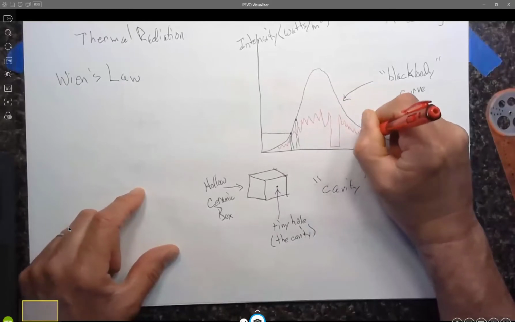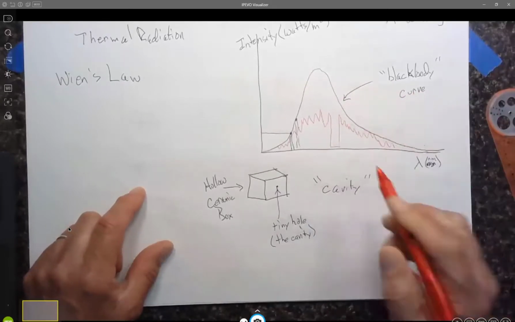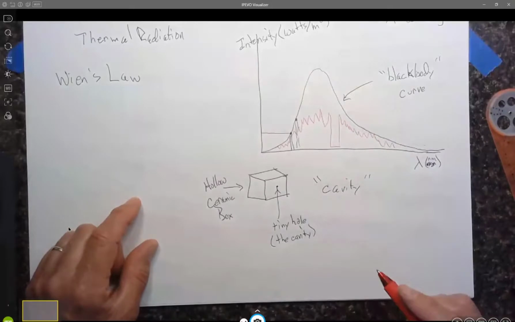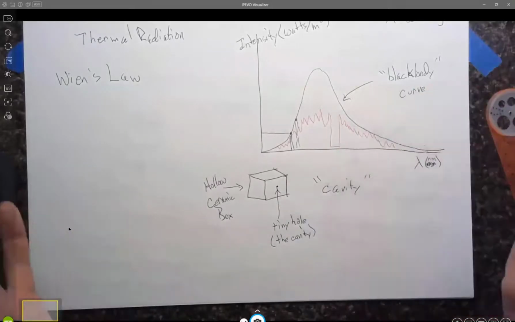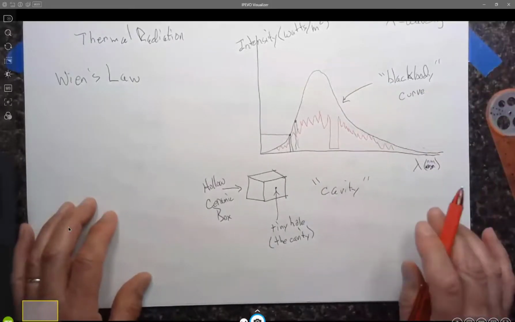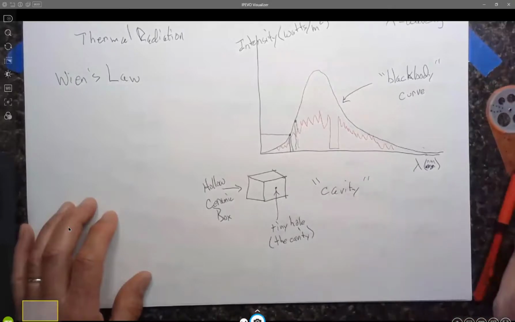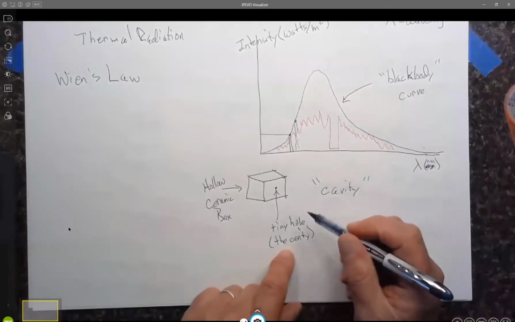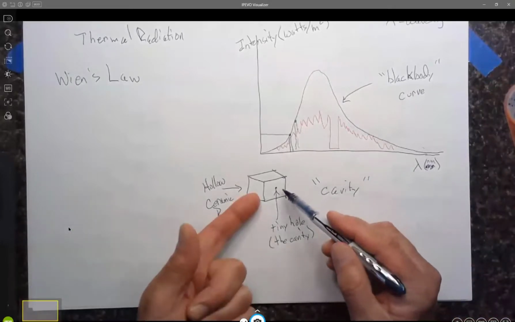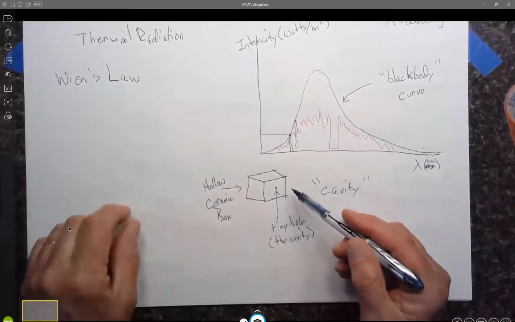They always fell short of this perfect curve and would have all kinds of bumps and squiggles in the curve. But these cavities, they could take this hollow ceramic box and stick it into a kiln.